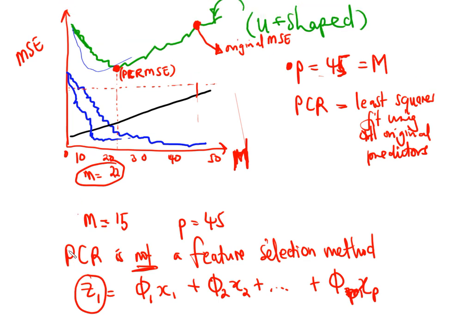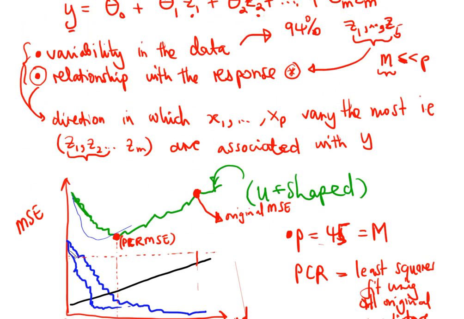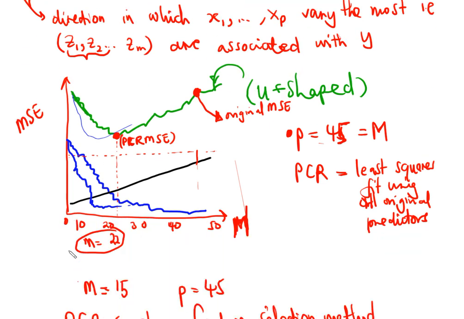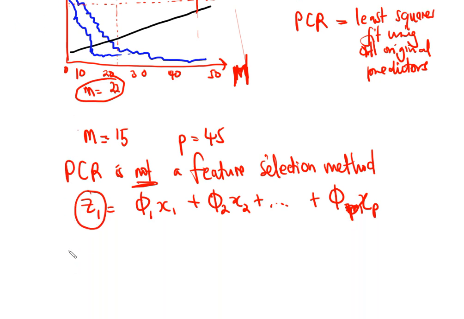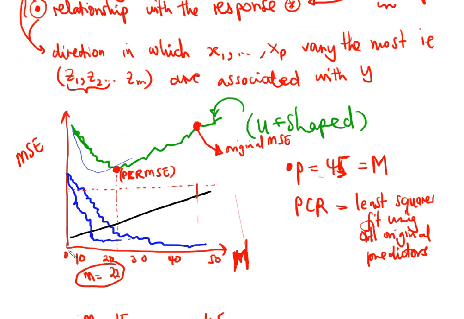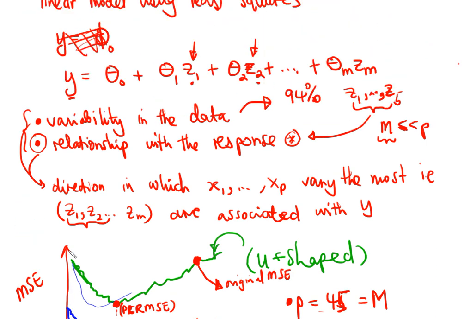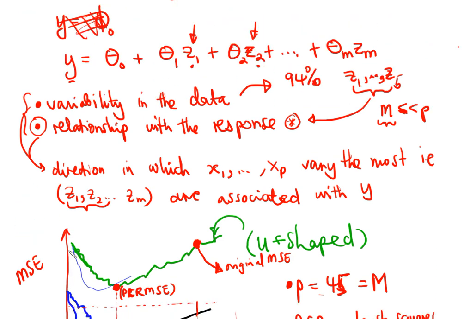And of course, like most machine learning algorithms, it is recommended that you first standardize the features before generating those principal components. Before we generate all these z's, it's good practice to standardize our x's.